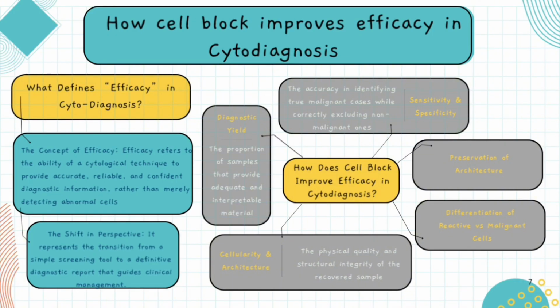Another important factor is cellularity and architecture, referring to the physical quality and structural preservation of the sample. Together, these parameters explain how techniques such as the cell block method improve efficacy in cytodiagnosis, which will be discussed further in the following slides.